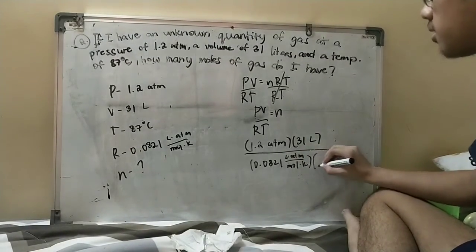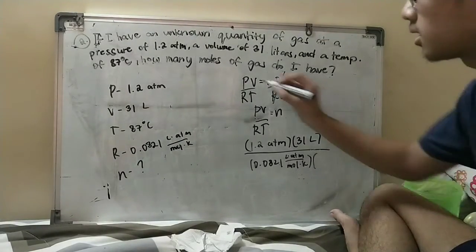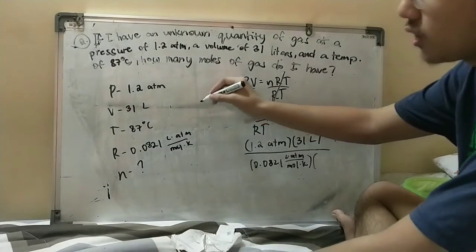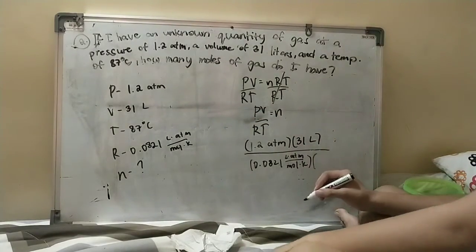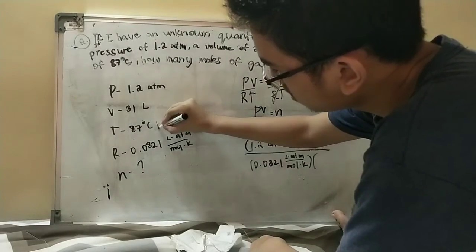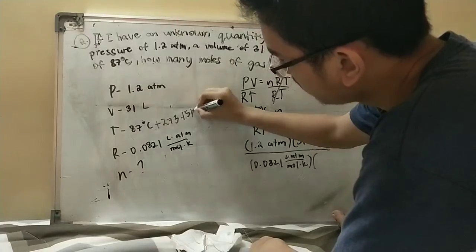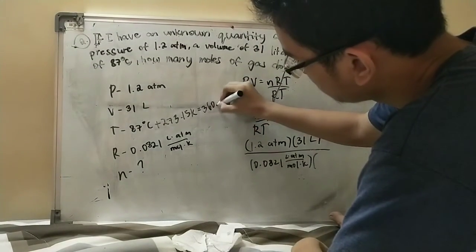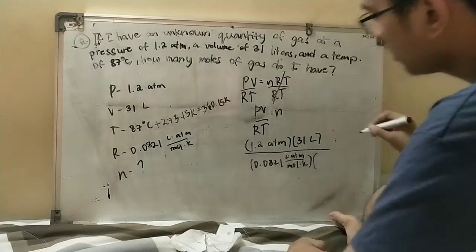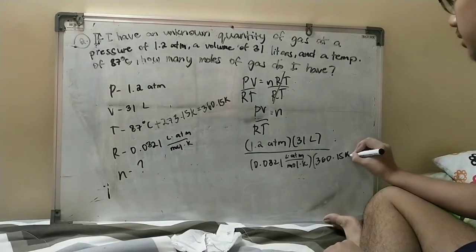And our temperature is, wait, I forgot that in temperature we have to convert this to Kelvin in order to cancel Kelvin out. So we need to add 273.15. Kelvin. Now we write this in here, 360.15 Kelvin.